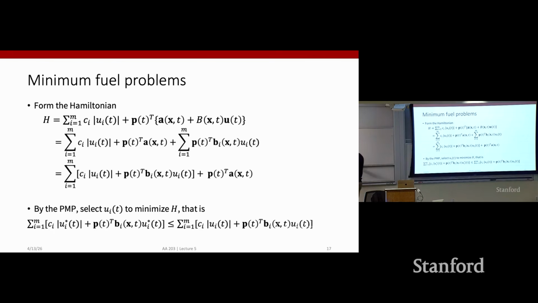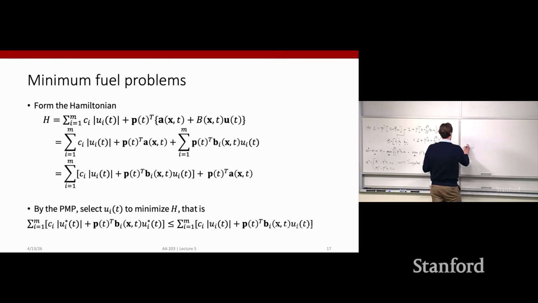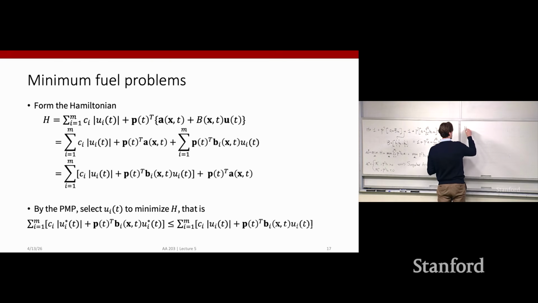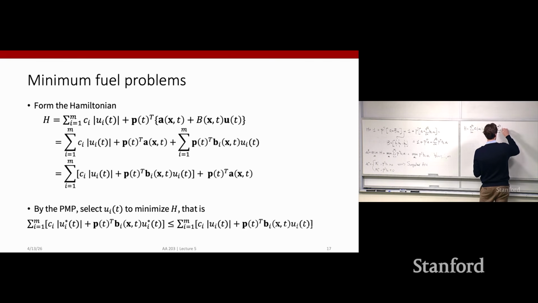Okay. So again, let's follow the usual procedure, right? We define the Hamiltonian, which in this case, G for us is the sum from 1 to m of Ci times the absolute value of Ui, plus P transpose A, plus the sum that goes from 1 to m of P transpose Bi Ui.